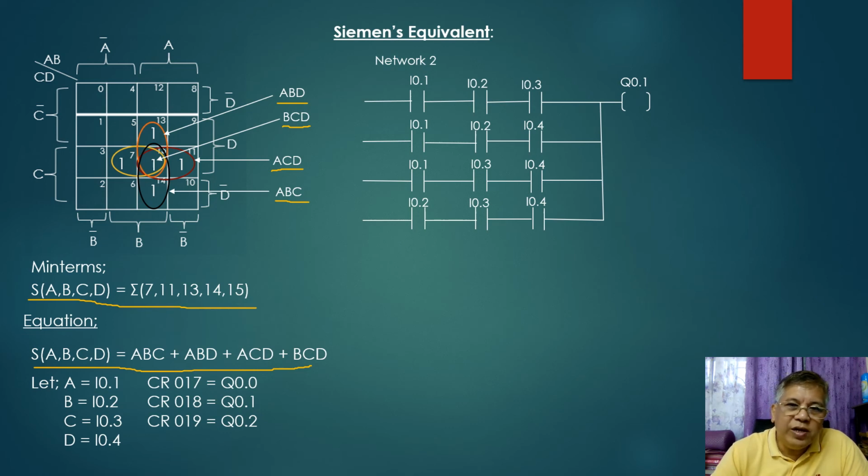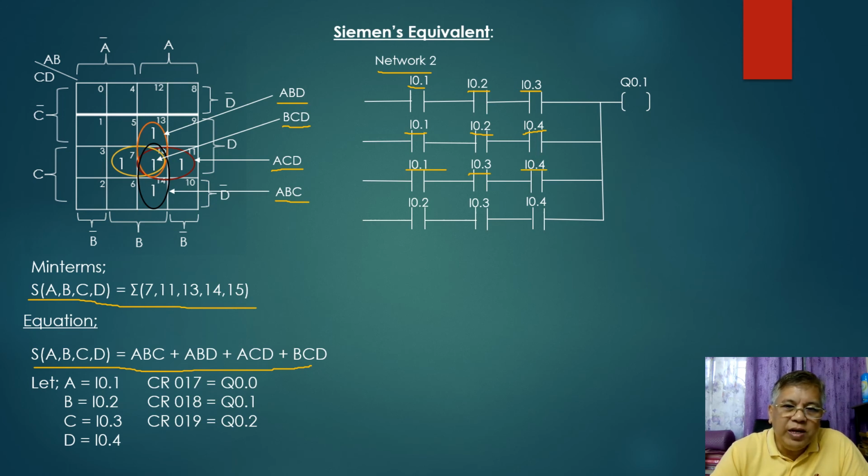And then we represent that in our Siemens since this is now in network 2. So you have A I0.1, B I0.2, C I0.3. Then you have again plus A I0.1, B I0.2, and D is I0.4. And then you have A I0.1, C I0.3, and D I0.4.